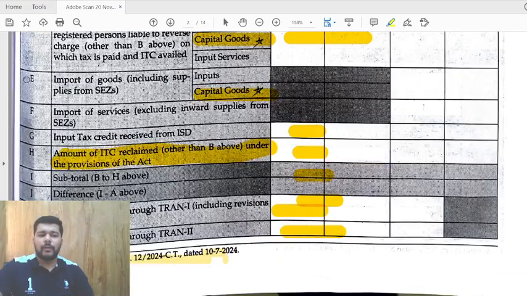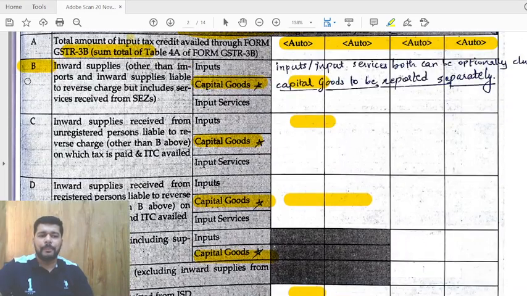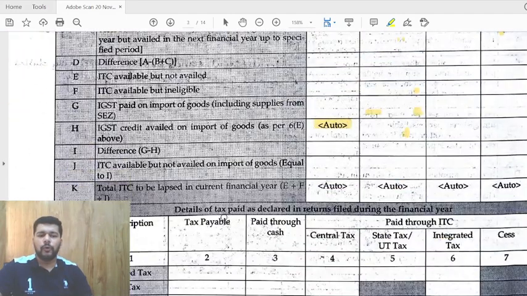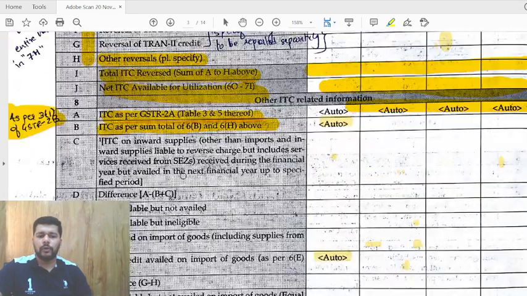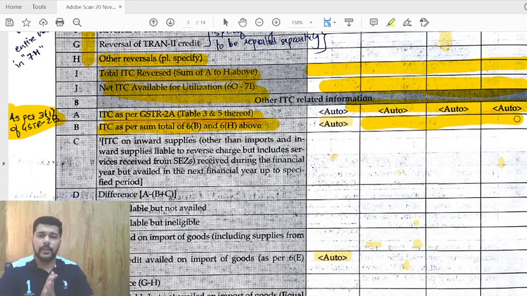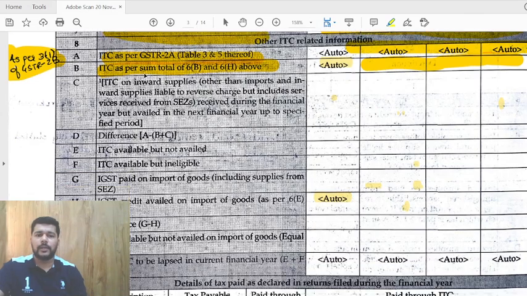Therefore, whatever data is there in 6B has to be absolutely of those purchases that I made in 23-24, so that when it flows to table number 8, it will compare with my 2B data of only that particular financial year. And so my point is why you should put the previous year's ITC availed in 6M: so that when you compare 6B and 6H with the 2B data, that has to be absolutely about those purchases which were made during FY 23-24. So I hope this is clear as far as this aspect is concerned.